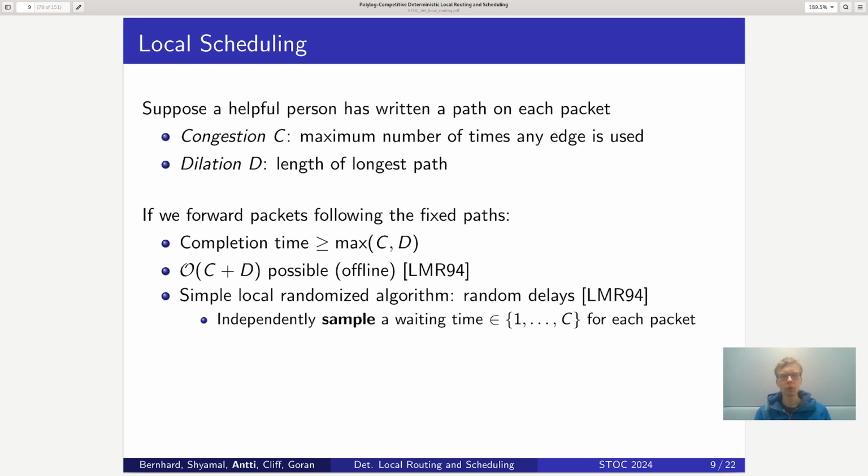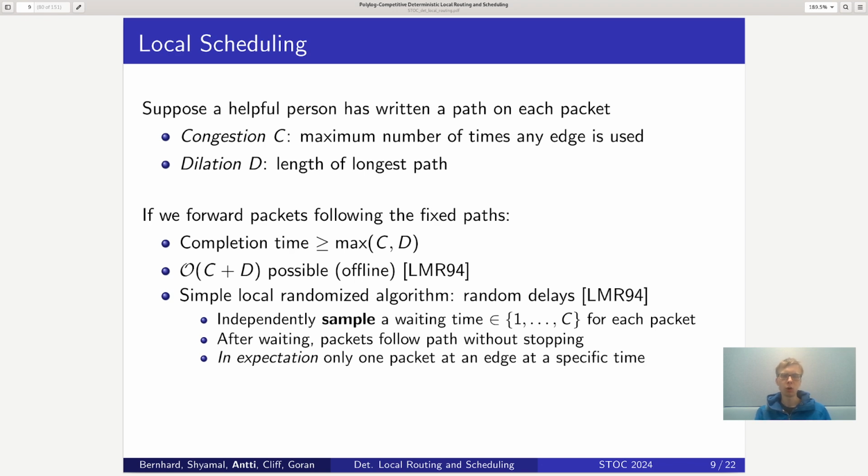You just sample for each packet a waiting time, which is at most the congestion, and then a packet waits at the start of the problem until its waiting time, and at that point it just starts walking its path without ever stopping. Well, why does this work? Why don't we have packets conflicting? In expectation, how many packets do we have at an edge at a specific time?